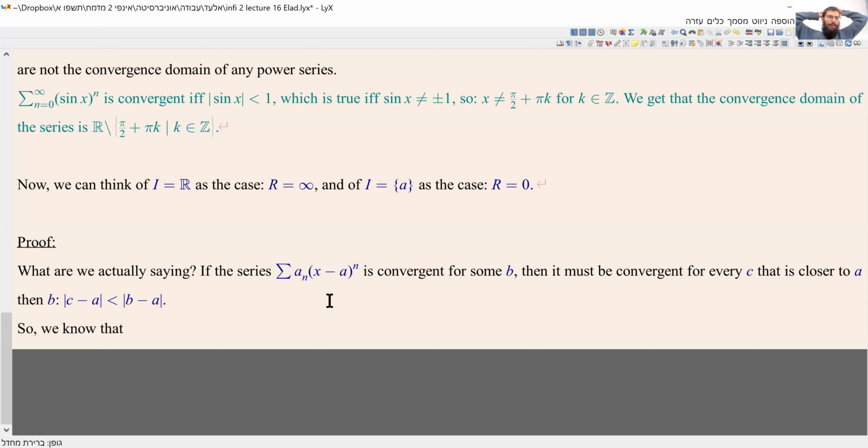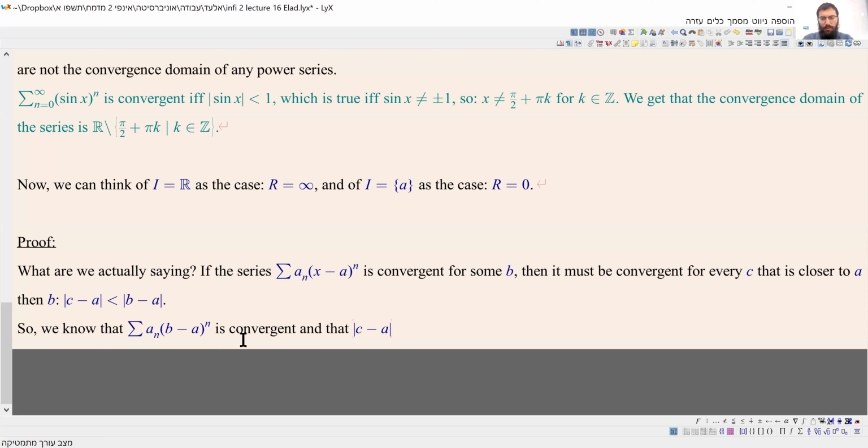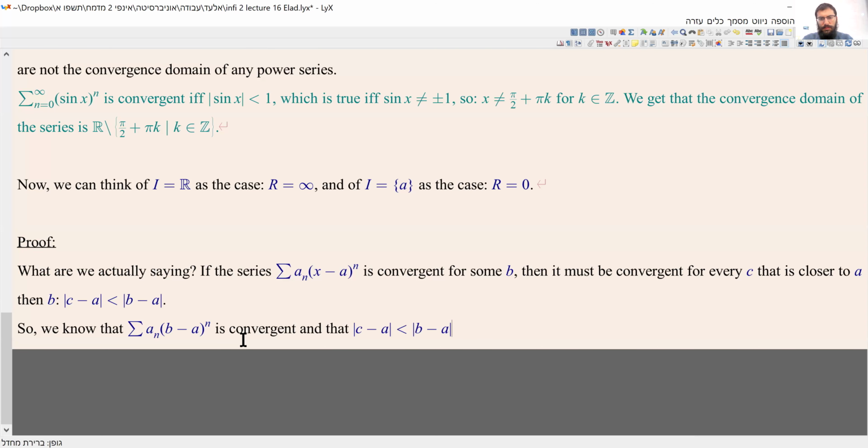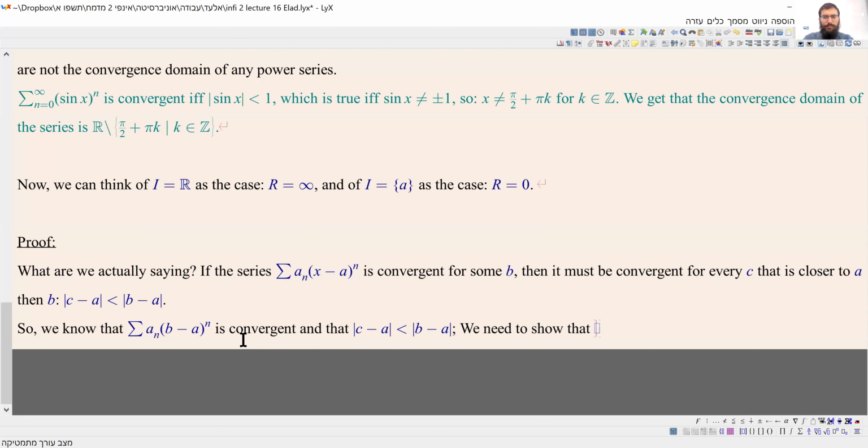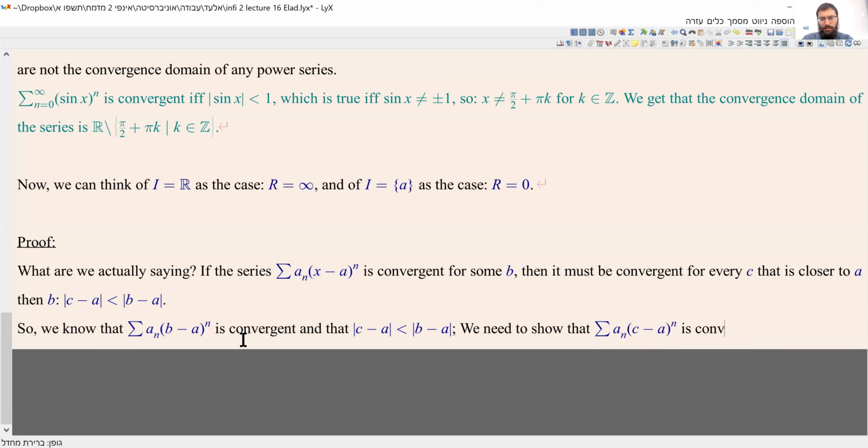So we know that the series is convergent at B, and that the absolute value of c minus a is smaller than the absolute value of b minus a. We need to show that the series at C is convergent as well.